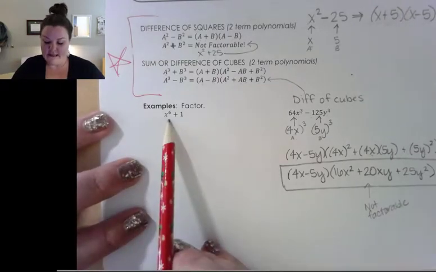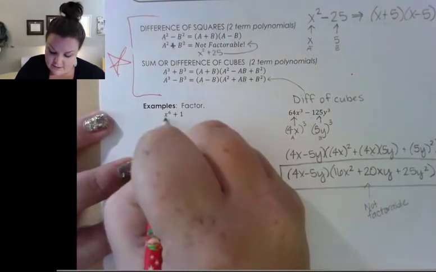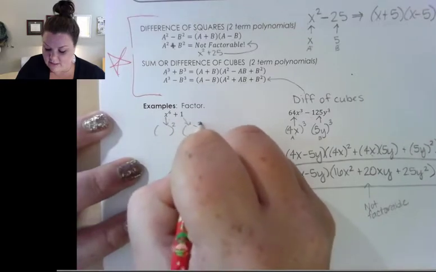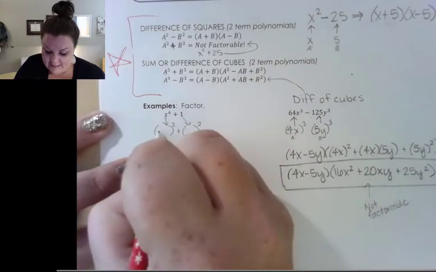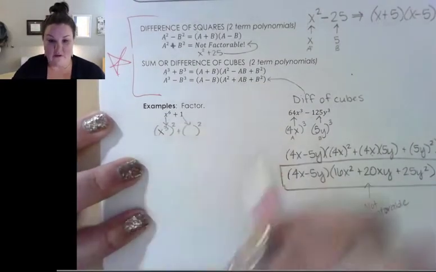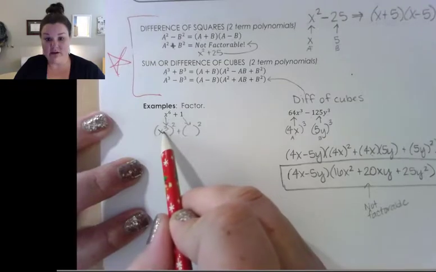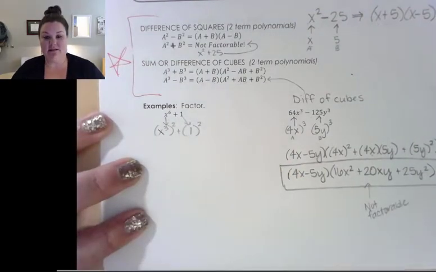If I look at this and I want to make it into squares, okay? If I want to write this as something squared and I want to write this as something squared, I can do that, right? Because I could take x to the 3rd power and square it, which would make these multiply together, right? So this is a perfect square. I could also take 1 and square it, and that would be the base for the second one.